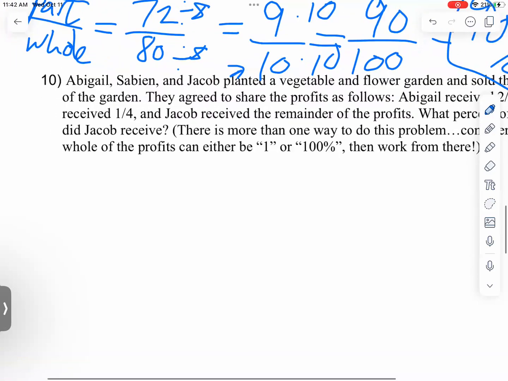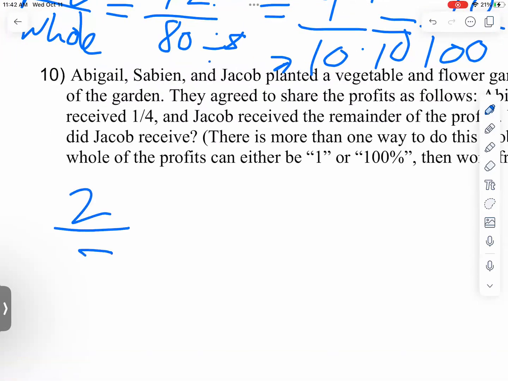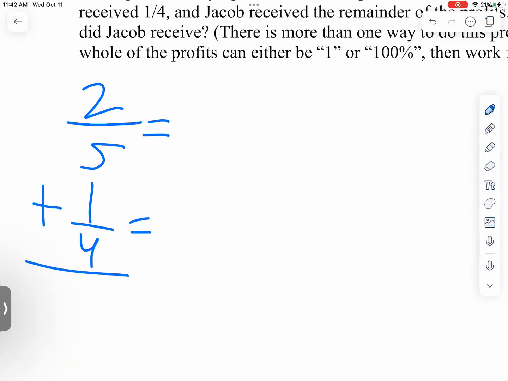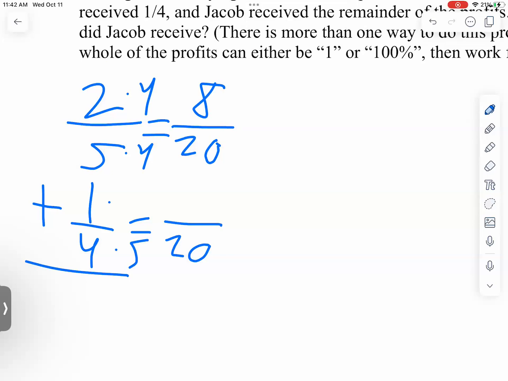Okay, so this is the way we've done it before. 2/5 plus 1/4. Okay, so here we're finding a common denominator. Really, the only difference now is we're going to do it with percents out of 100, but we've done it before this year where we did it like this. The LCM of 5 and 4 is 20. 2/5 becomes 8/20 and 1/4 becomes 5/20. So it's 13/20ths.